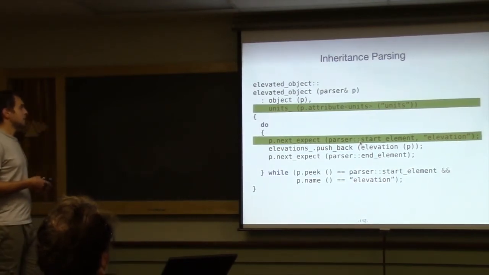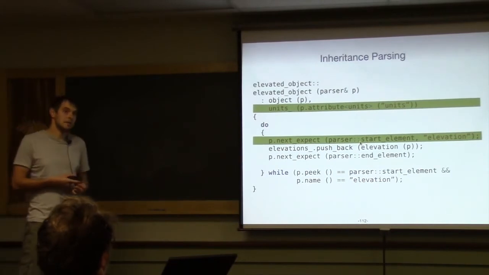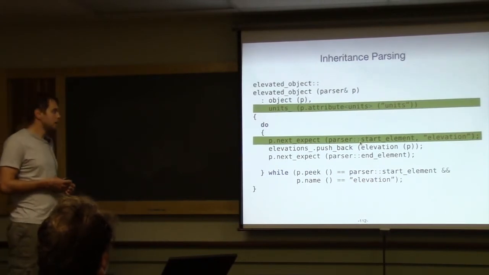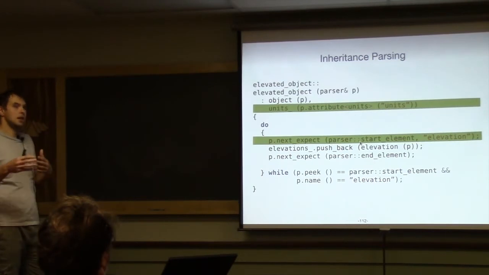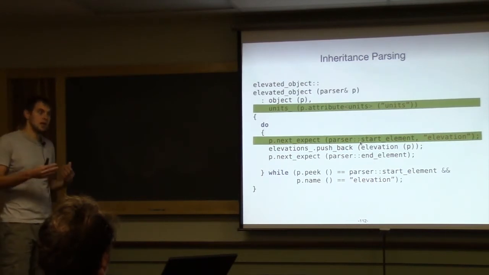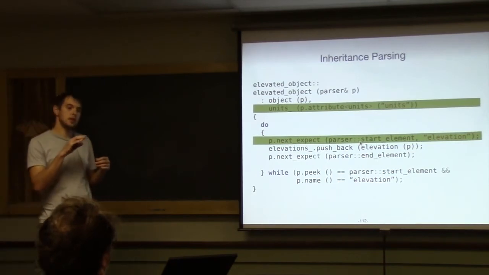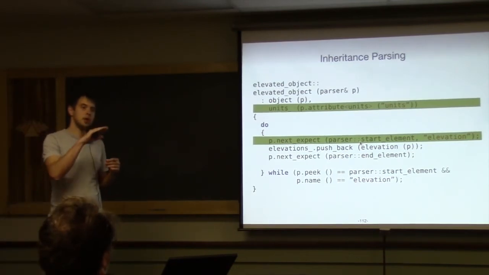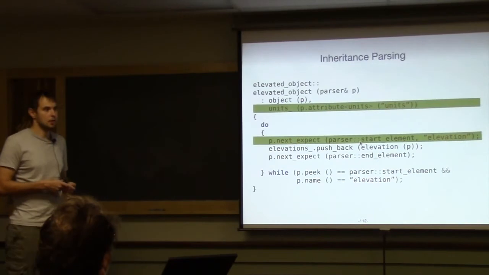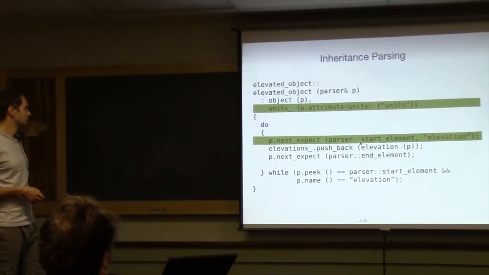The way I fix this is by extending the lifetime of the attribute map until the end element event for the element. In other words, we can access attributes in the map at any point when we are at the element's level. So this code just works magically.